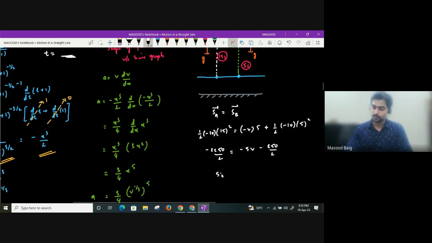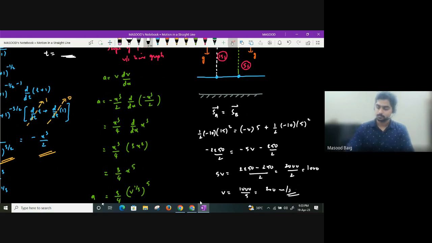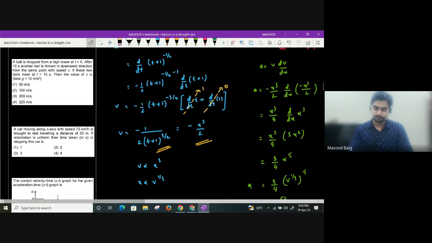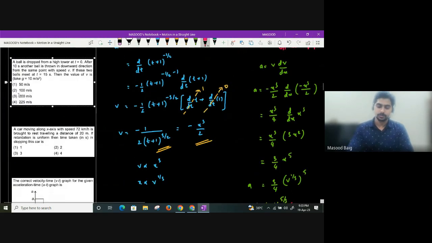I'll get 5v value as 2250 minus 250 divided by 2, which is 2000 divided by 2, which I'll get as 1000. So what will the v value be, beta? 1000 divided by 5, which is 200 meter per second. Clear, everyone? Yes or no? So the answer should be 200 meter per second.